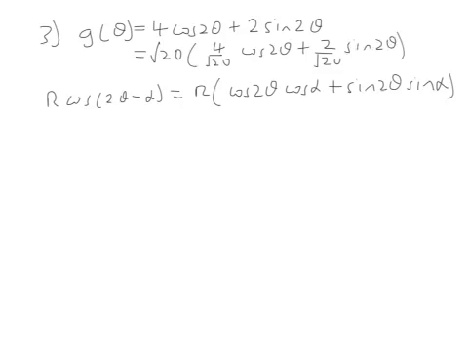Let me compare these two. There's 2 theta, and here's cos alpha. So from that we can say that cos alpha is 4 over root 20.